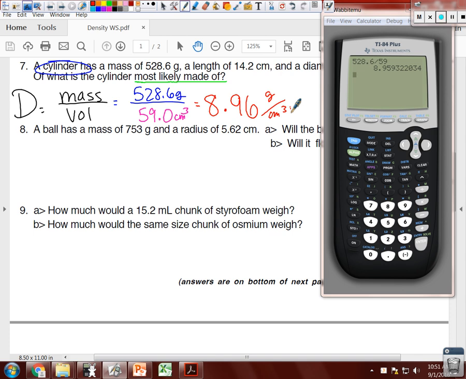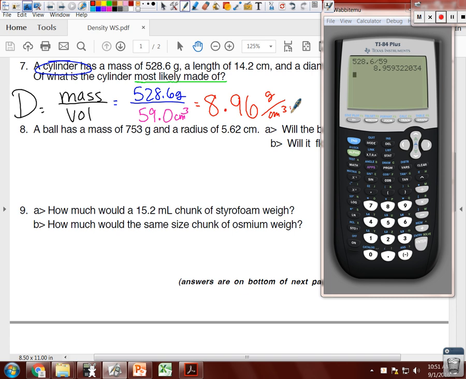There you go. Some of you are starting to click. 8.96, 3 sig figs.